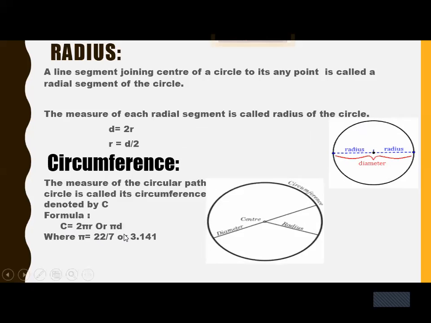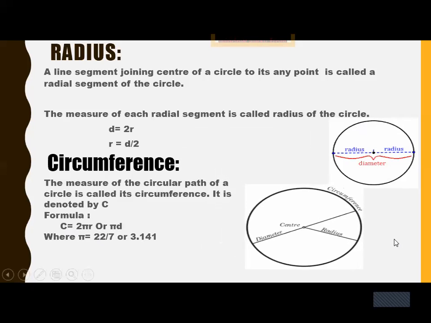Remember? This point is called the center. The chord that joins through the center of the circle is called the diameter, and from the center to any point is called the radius.